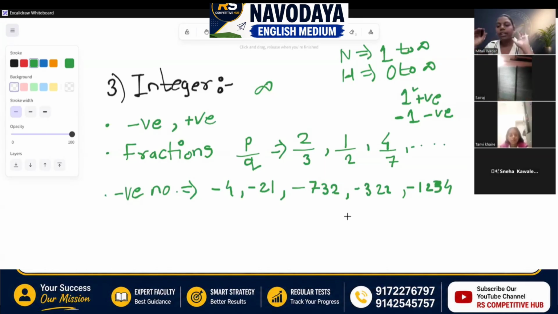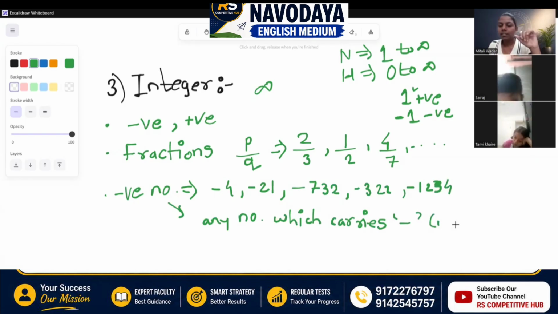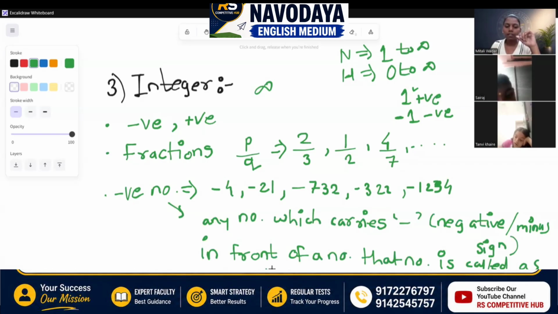Is this clear to you? Which numbers are negative numbers? The definition of a negative number is that any number which carries a negative or minus sign in front of it is called a negative number. You have to write it down in your notebook, otherwise you will forget later.